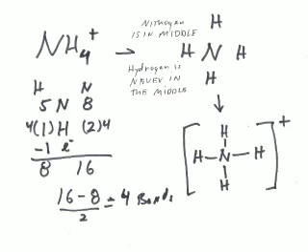That means it has fewer electrons than a molecule would. And so we have to subtract 1 from our count. So we only have 8 electrons to play with. 16 minus 8 divided by 2 is 4. We put in the 4 bonds to hold the hydrogens to the nitrogen.